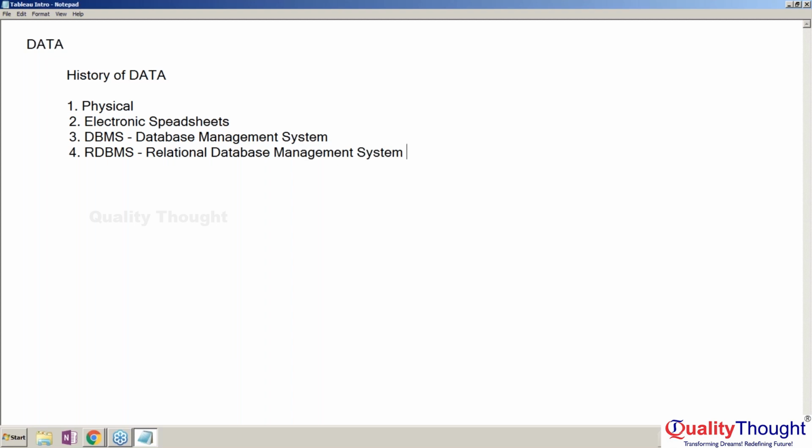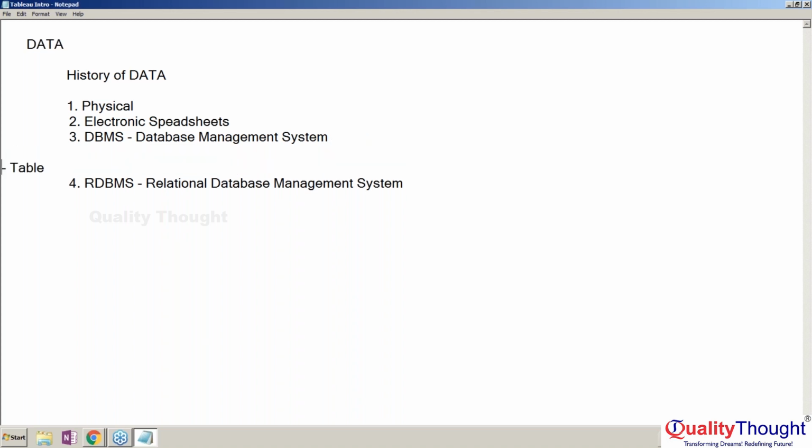So now here, when I talk about something called DBMS, how exactly is the data stored, guys? The data is stored in a table format. Let me write the same thing over here.